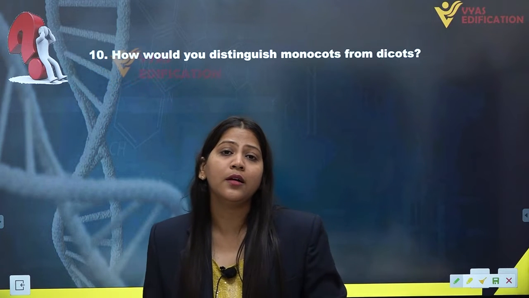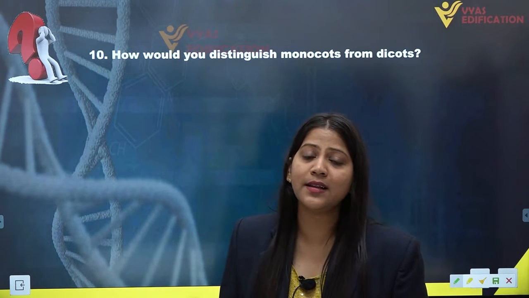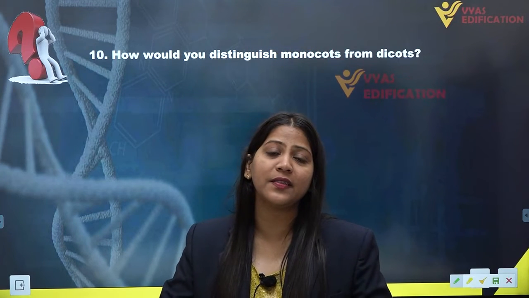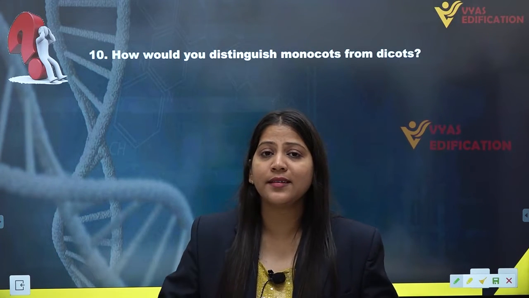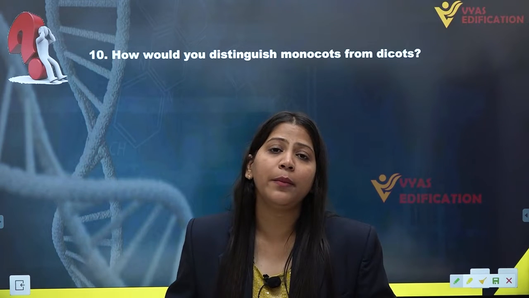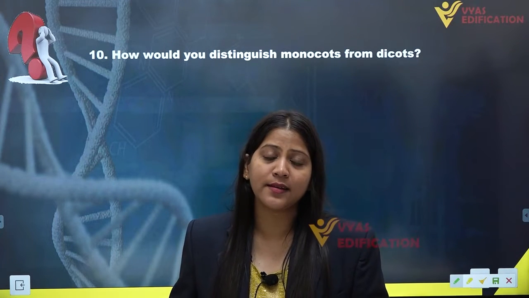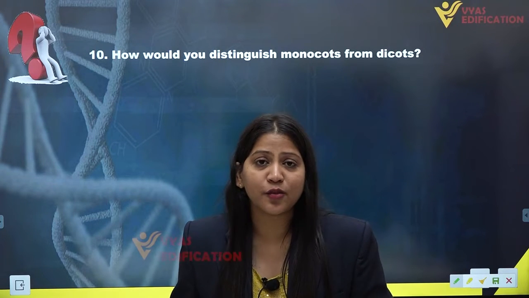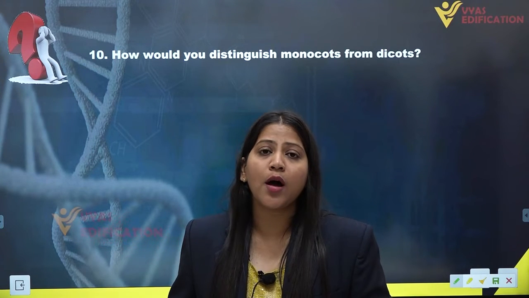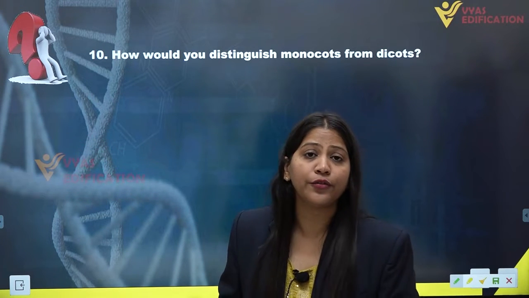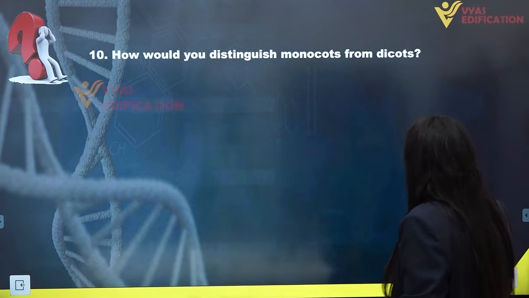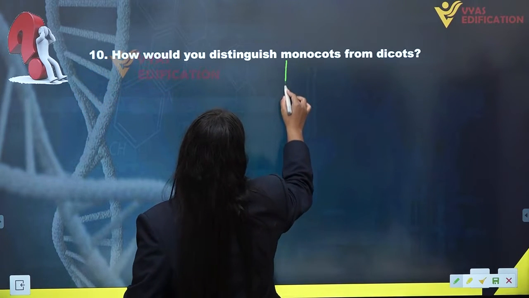The monocot stems have vascular bundles present in a scattered form, whereas in dicots, the vascular bundles in the stem are present in a ring manner. Last but not least, monocots have no secondary growth, and in case of dicots, secondary growth is present. Now let's write the differences between monocot and dicot.